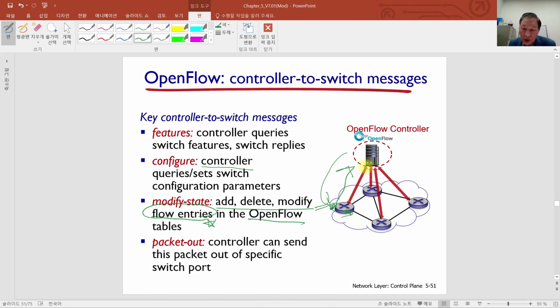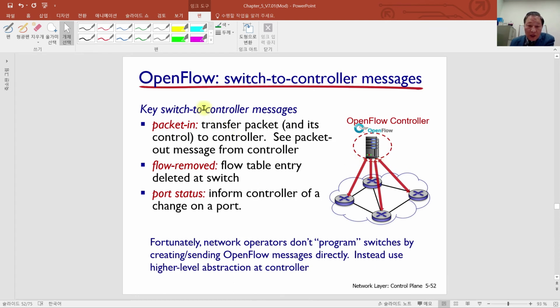And this one is the center in terms of the in and out. This one is out from this one, out. And this one is getting that information, then that is packet in. Next one is explaining about that. This one is in the reverse way. The direction is different from the switch.